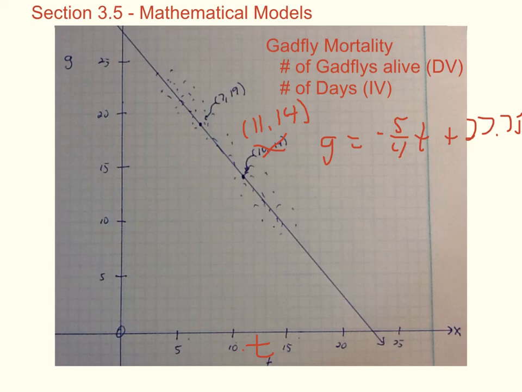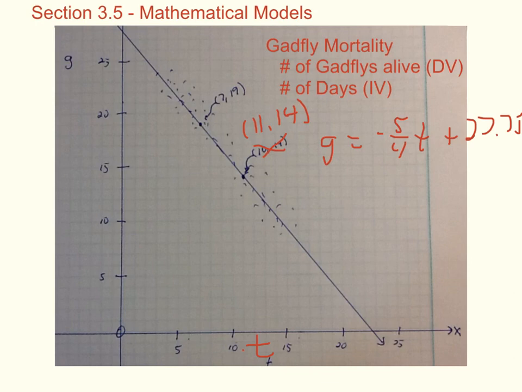Perhaps you started with 28 gadflies. And then by day 23 you're down to 0. So the range would be 0 to 28. So now we have an equation that can make predictions.